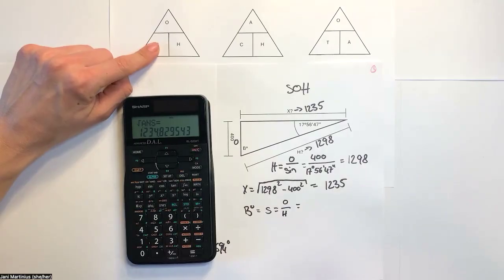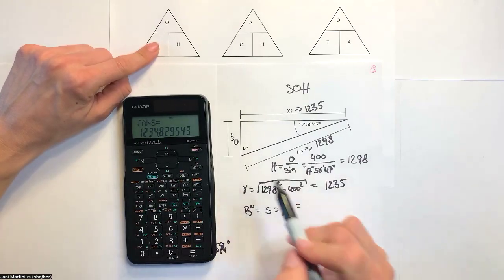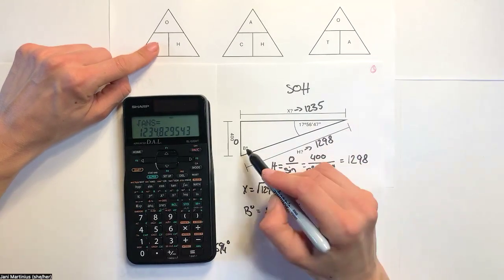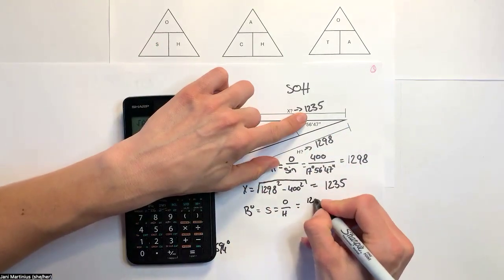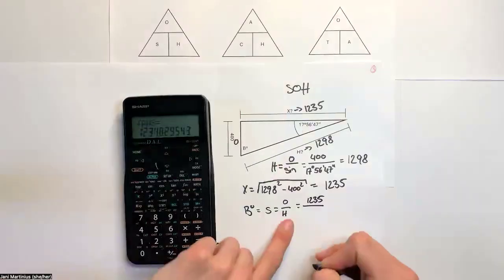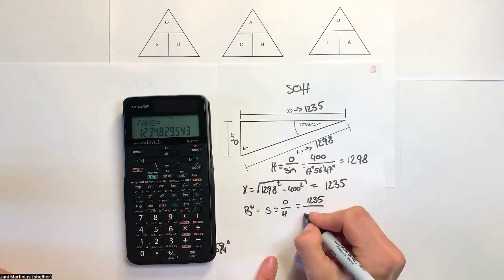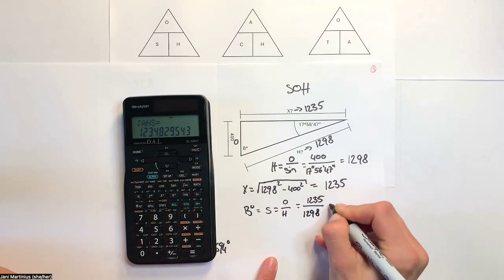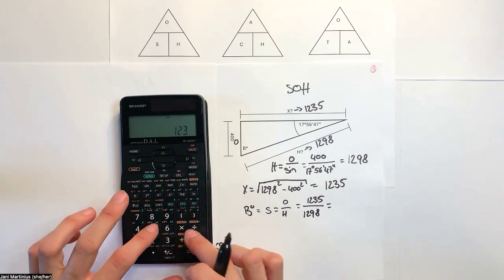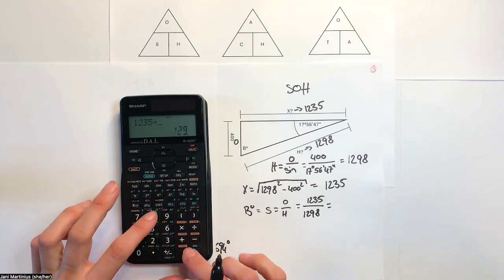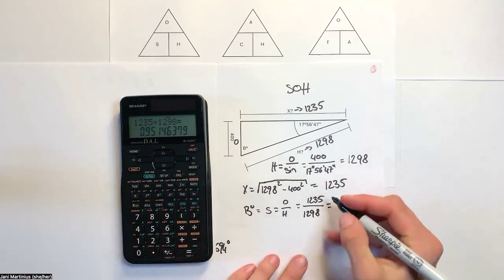Okay, so now we can punch in those numbers. Opposite is our x, right? There we go. So 1235 over our hypotenuse, 1298. So 1235 over 1298. Now that gives us the ratio again.